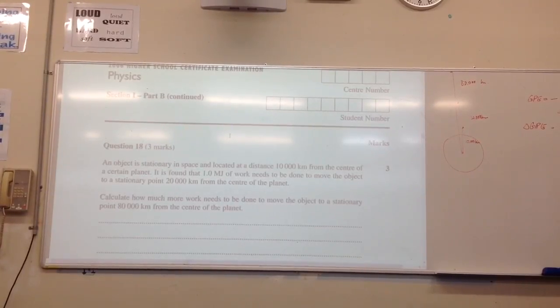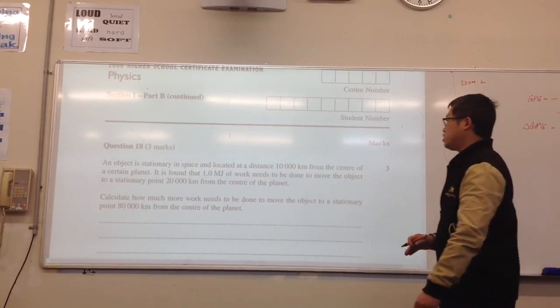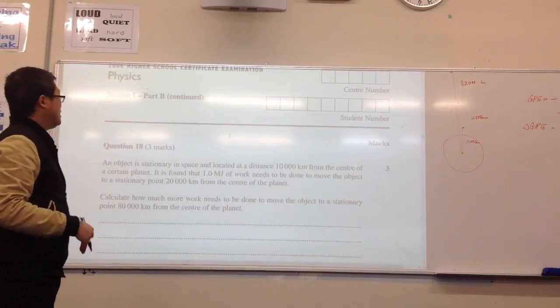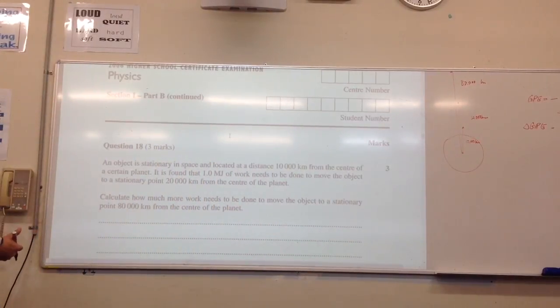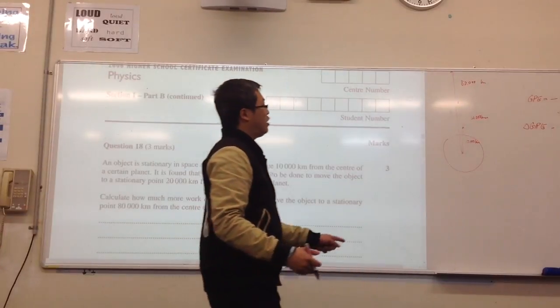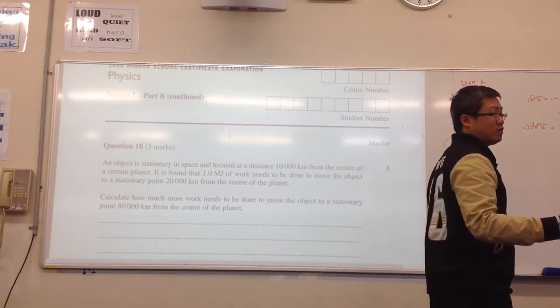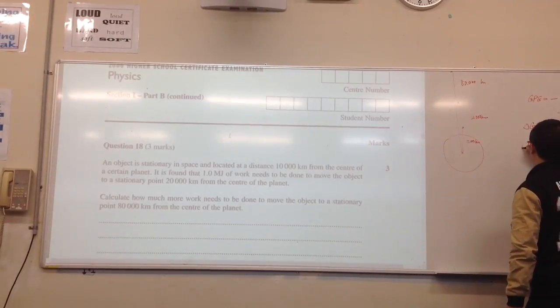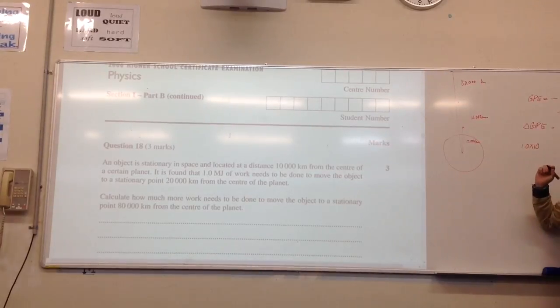Does that make sense? What is this change? It is found that 1 megajoule of work needs to be done to move the object from 10,000 to 20,000. So between 10,000 and 20,000, there's a difference in work of 1 megajoule. So I'll write 1 megajoule here. Be careful, mega stands for 10 to the power of 6. Excellent.